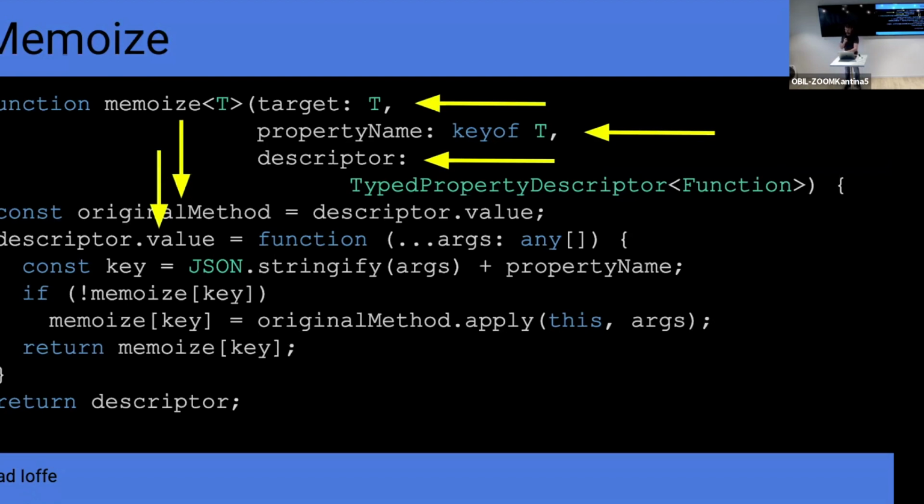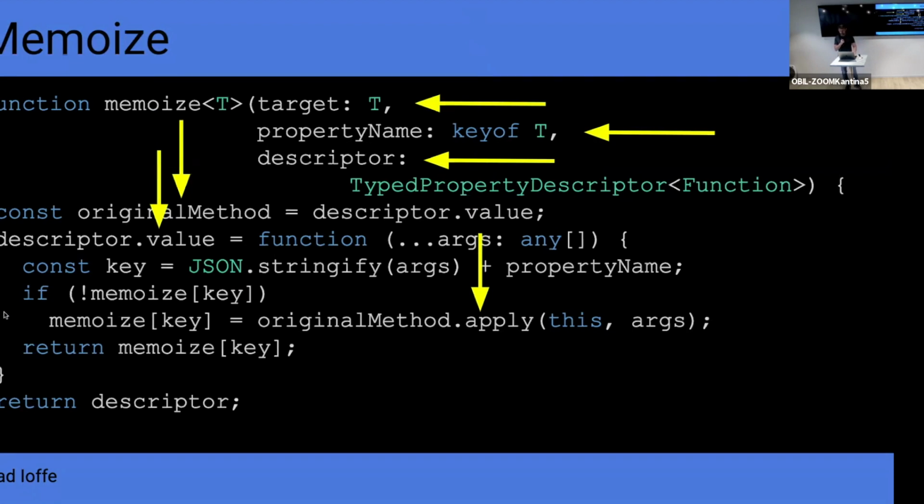So as I said, we are taking the descriptor and overriding the original method. I won't linger too much on the memoize implementation, but from the arguments and from the property name, we are extracting some key, which will represent the method and its arguments, and we store it in some local cache.